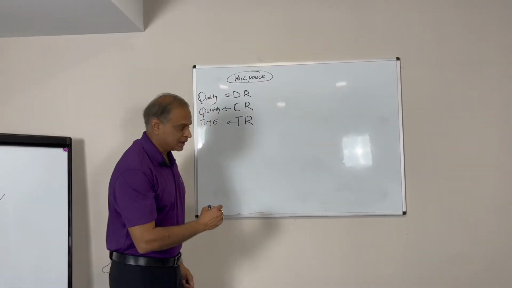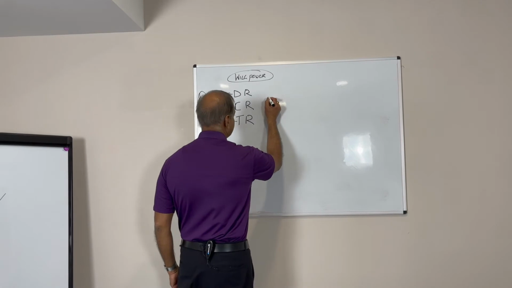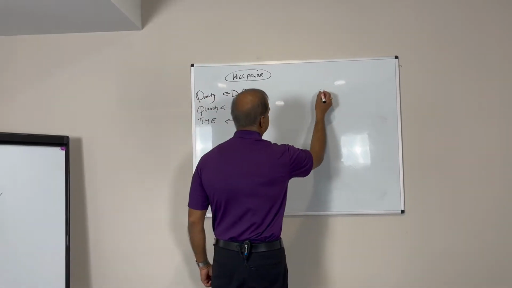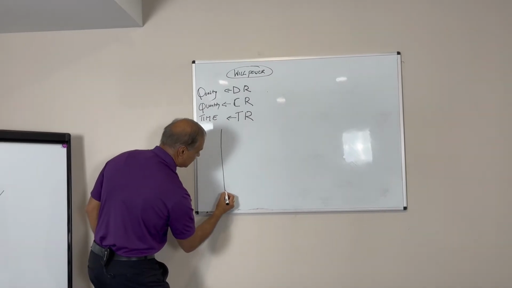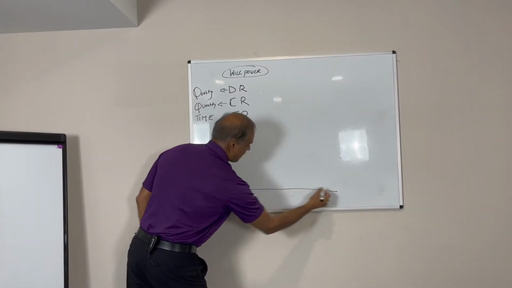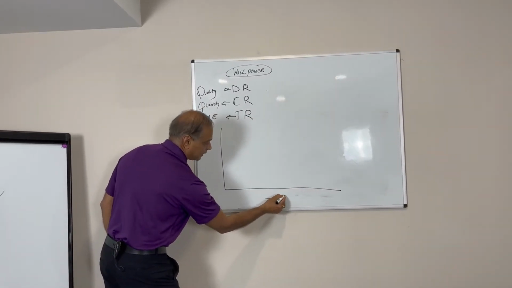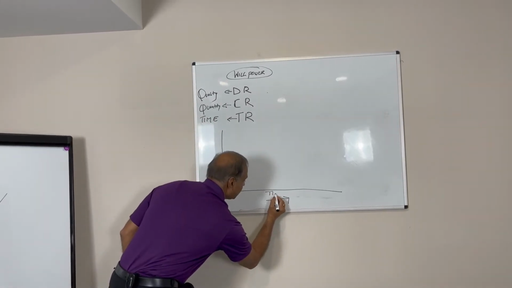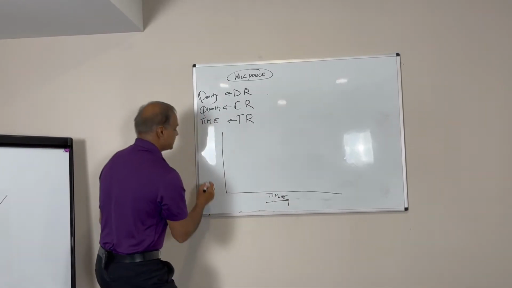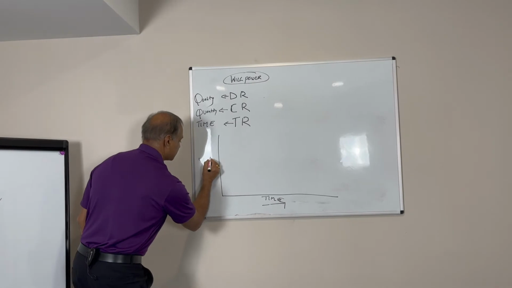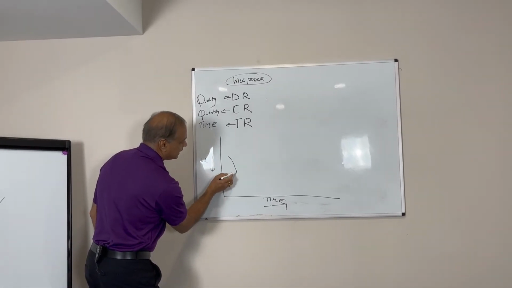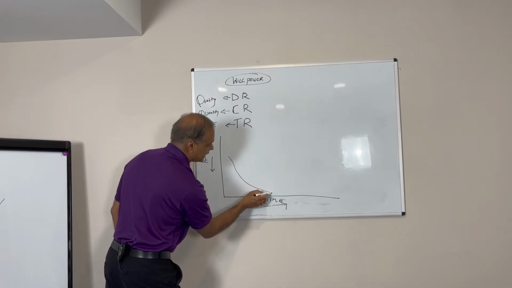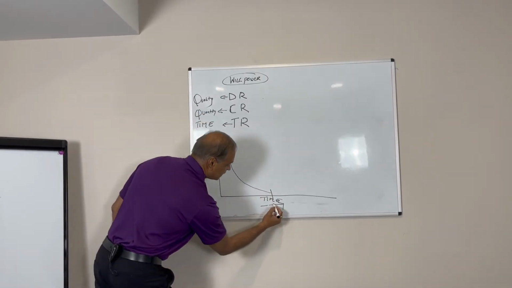So when we do something like that, you see the general trend here. If this is the time here, and on this axis this is the weight that's coming down, you see that gradually your weight comes down. Let's say this is 6 months, for example.